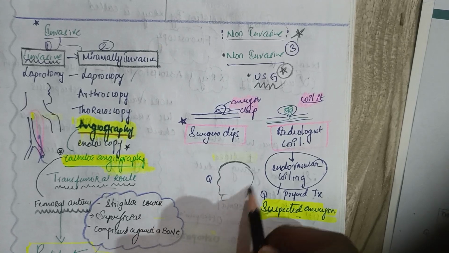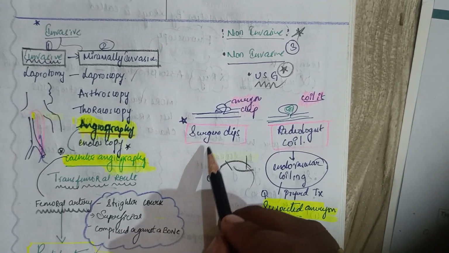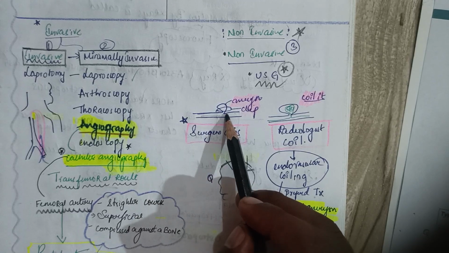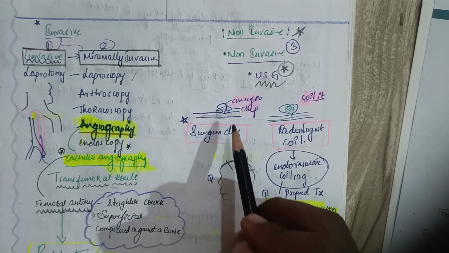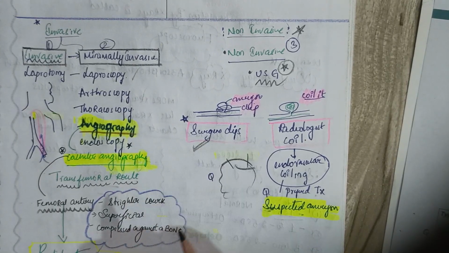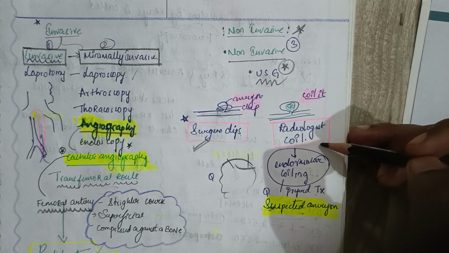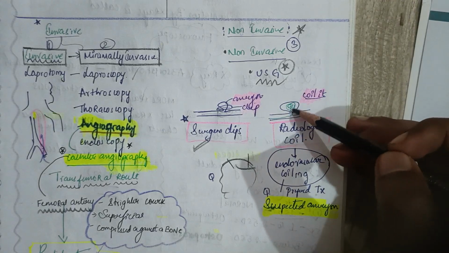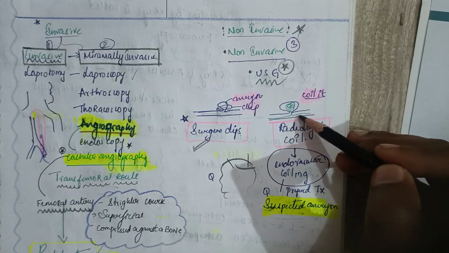If you cut the skull and open it, and this is the blood vessel and this is the aneurysm, you put a clip. This is one type of treatment that the surgeon does. What the radiologist does is something known as coiling, an endovascular coiling.